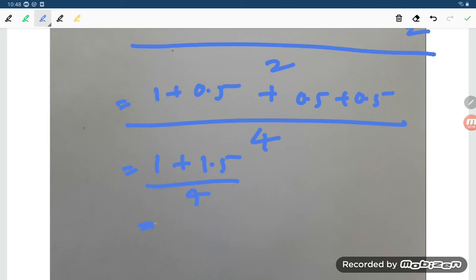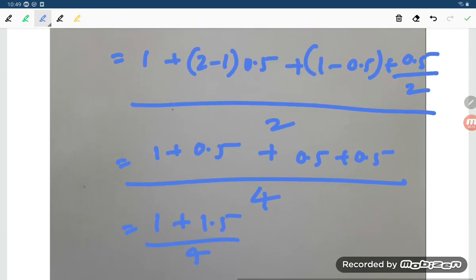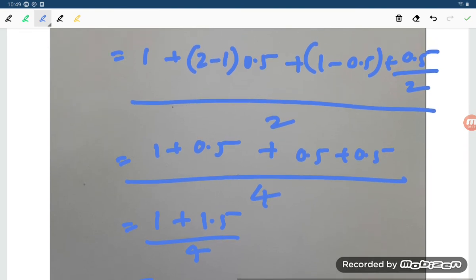So how much is coming, student, if you are adding it all out? If you simplify this, multiply here, so it will come 2.5.